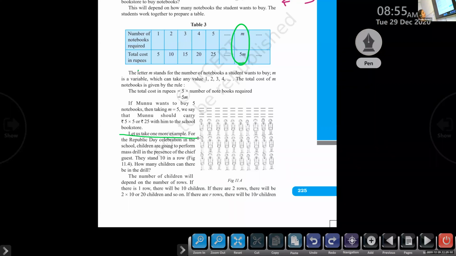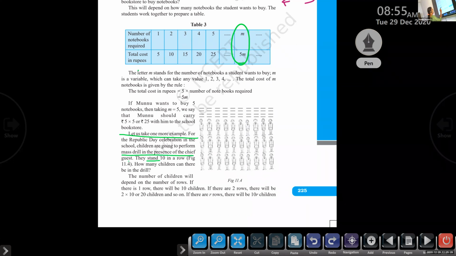For the Republic Day celebration in the school, we used to go for our Independence Day celebration, right? Sometimes we used to stand in a line, in a row and a column, like this. Assembly we used to stand, right? Yes, ma'am. So for the Republic Day celebration in the school, children are going to perform a mass drill in the presence of the chief guest.